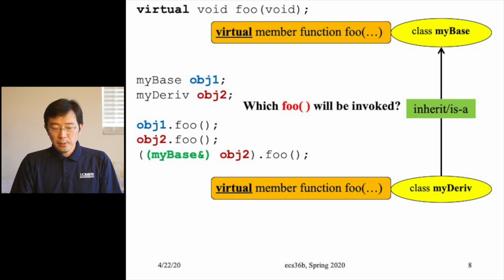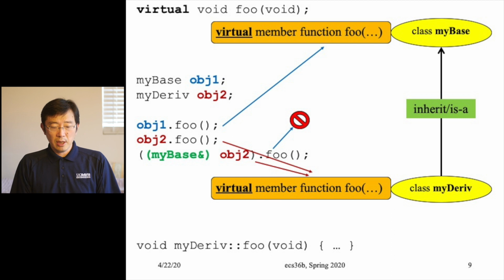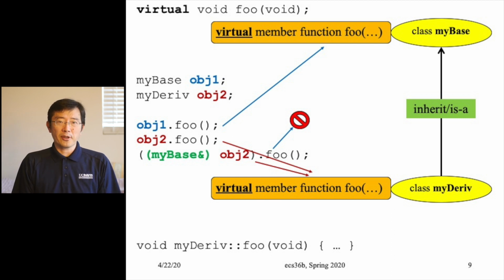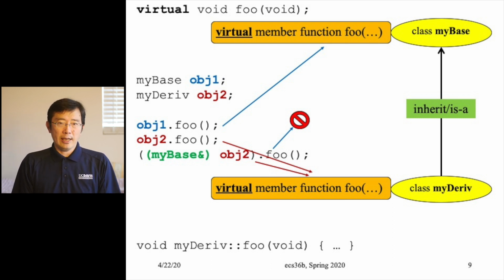Okay, so you might guess that now the behavior is different. For the first two, they're still identical. Object 1 goes to the base, object 2 goes to the derived, but the third one is interesting. What we're showing here is that the casting does not have any impact on which function you're calling.